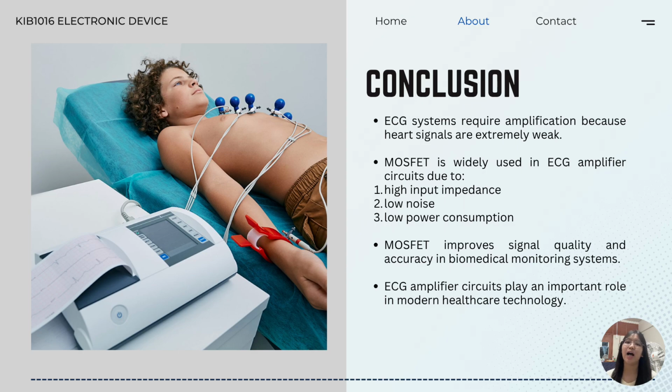These features help improve signal quality and measurement accuracy in biomedical monitoring systems. Therefore, MOSFET technology is widely used in modern ECG devices and contributes significantly to healthcare and patient monitoring.